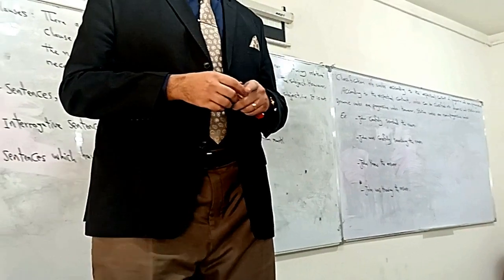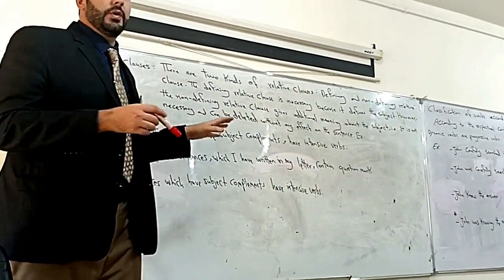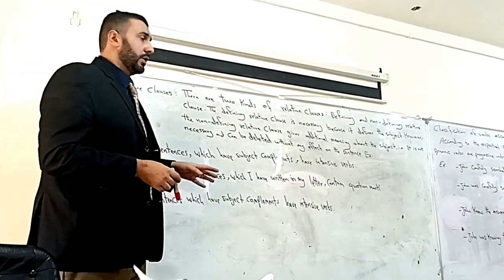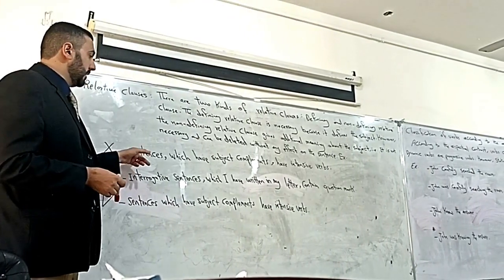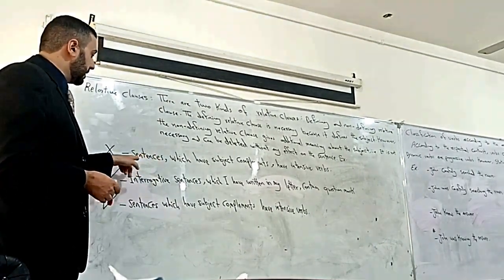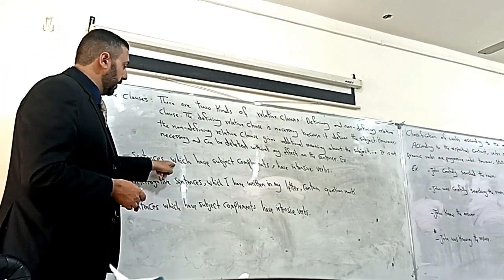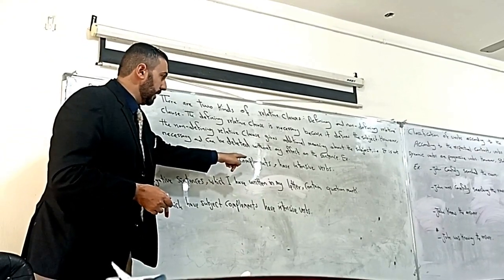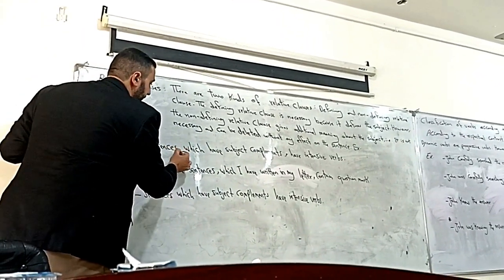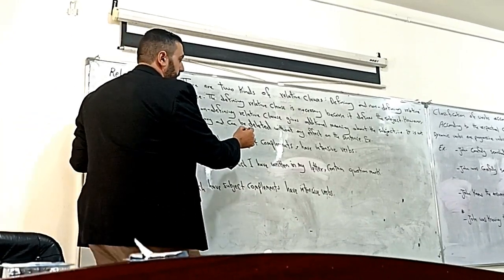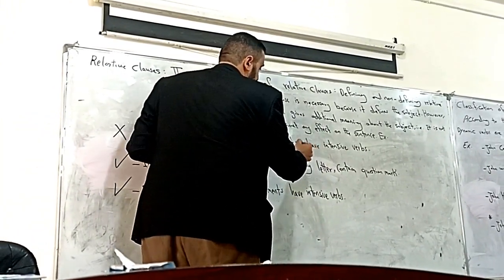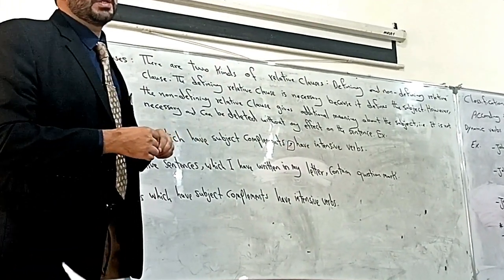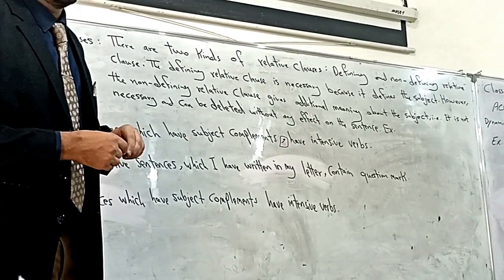I was explaining the different kinds of verbs. So I told you to write in your answer, just like this, sentences which have subject complements, and you have to put here a comma and here another comma. So this is incorrect. Why?